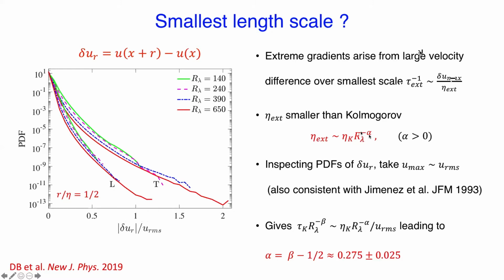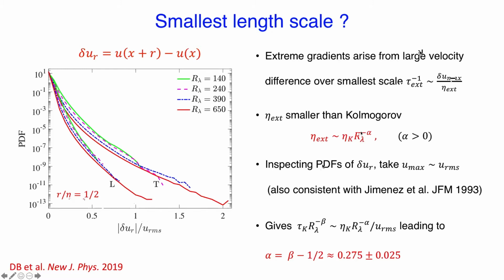Not to confuse you with too many new Greek letters. Inspecting the PDF of the velocity increment shown here, divided by the URMS, this shows us that the maximum increments, even at scales smaller than Kolmogorov, are of the order of URMS.